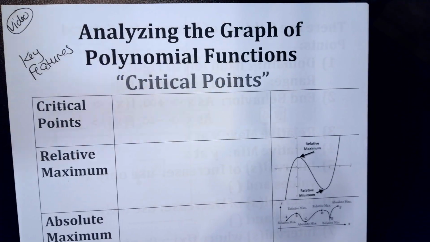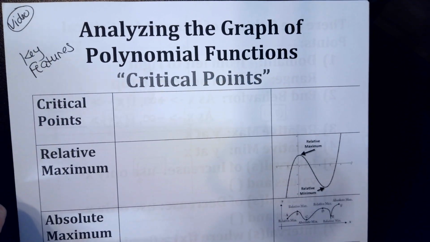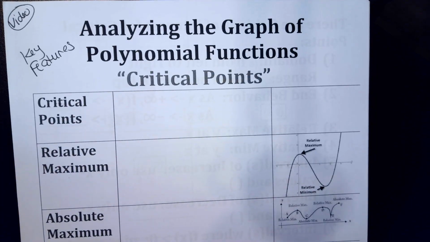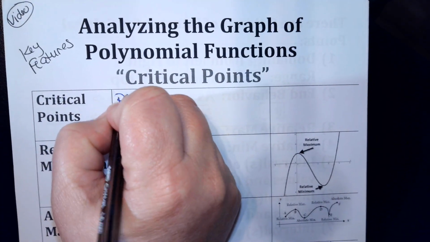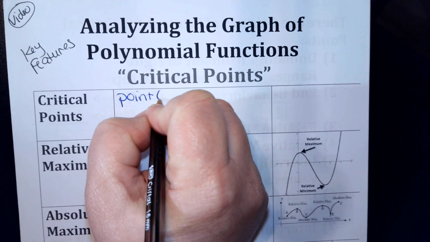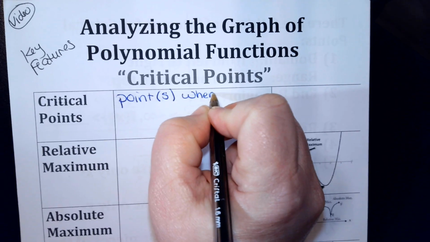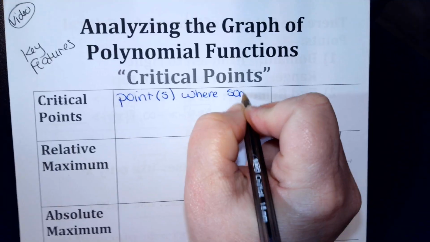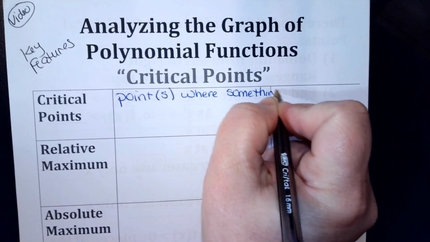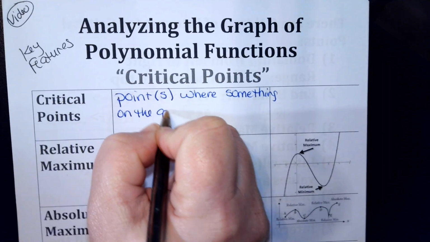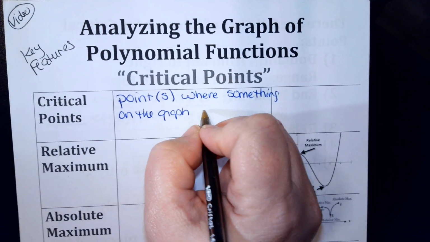Our first one is a critical point. What exactly is a critical point? Well, a critical point is simply a point, or it could be points, where something on the graph changes.